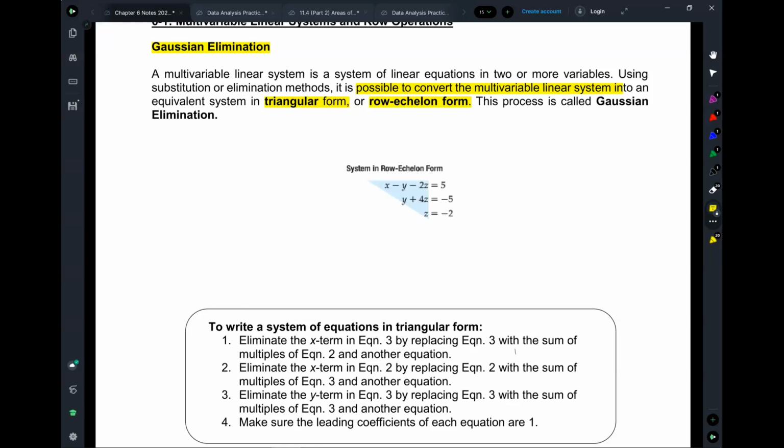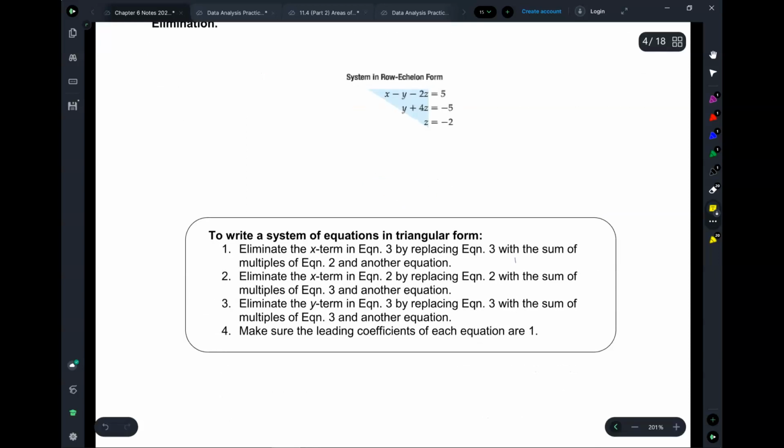We can do this using the equations like you've done in algebra 1, algebra 2, whatever. But you'll see that it's a lot more efficient if we do it using matrices. So what's the process? Basically in here we had to eliminate one x term, and then here another x term and a y term.